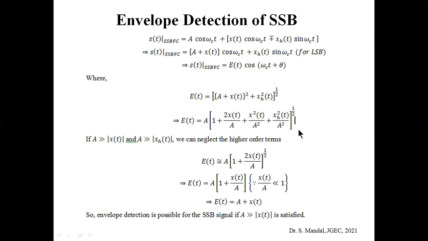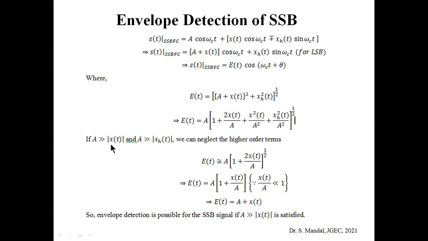Okay, so you can see, if we consider a case where a is greater than x, so the amplitude of the carrier is very large compared to the amplitude of the message signal. So obviously the amplitude of the carrier will be very large compared to x_h(t) also.